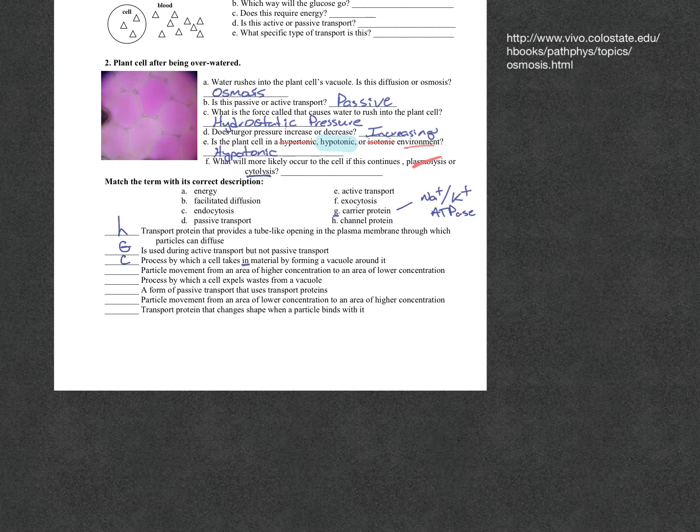Well, in this case, do they have diffusion? They don't have diffusion, but they do have facilitated diffusion, so I'll go with that one.